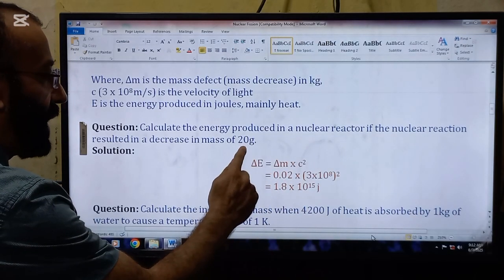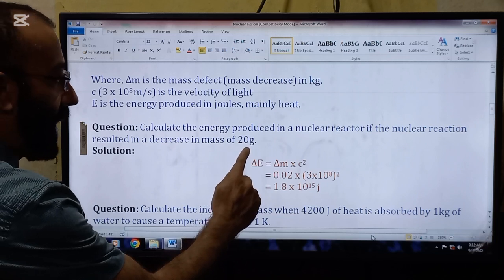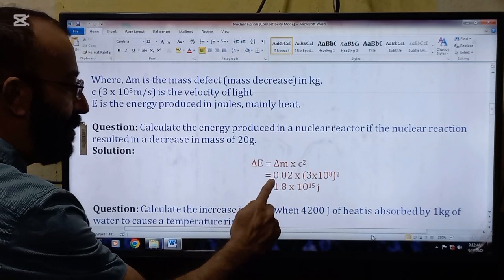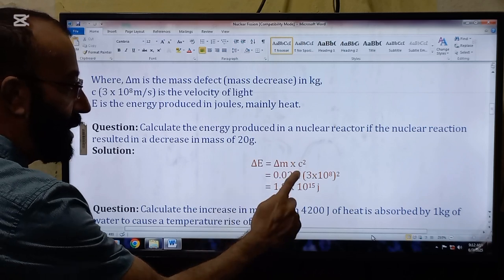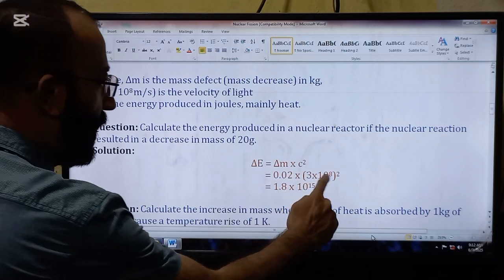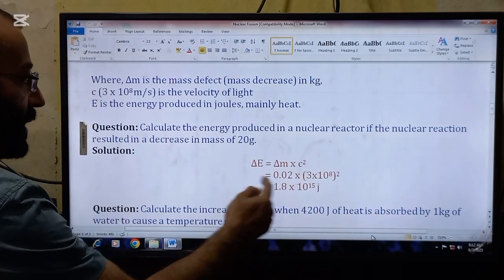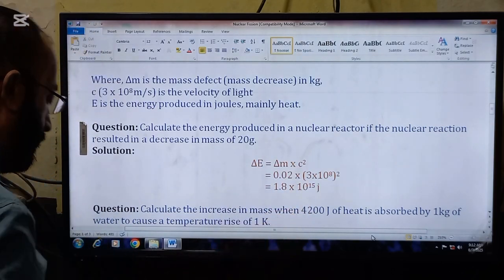Delta M is given as 20 grams. First we will convert grams into kilograms by dividing by 1000. So 20 divided by 1000 is equal to 0.02. C's value is 3 multiplied by 10 raised to power 8, put here in the formula. Solve it on the calculator, and you will get the answer, energy in joules.